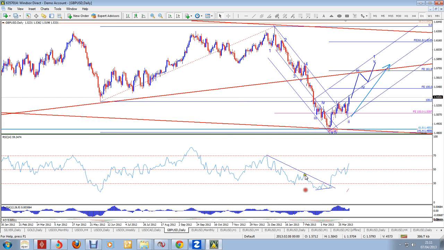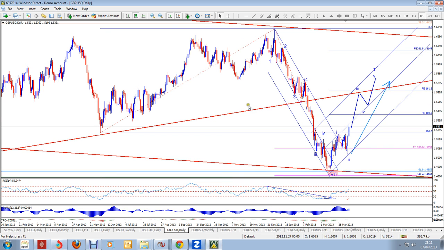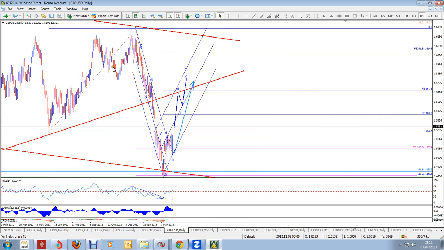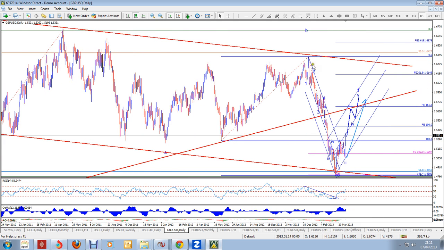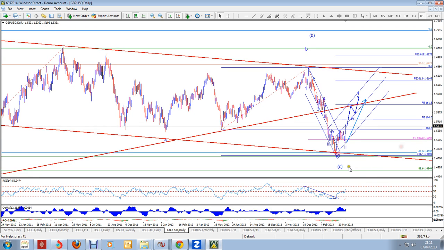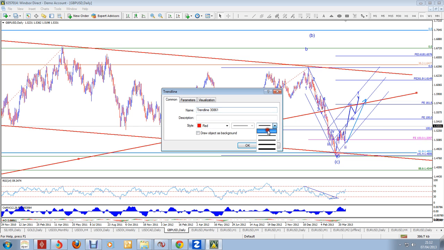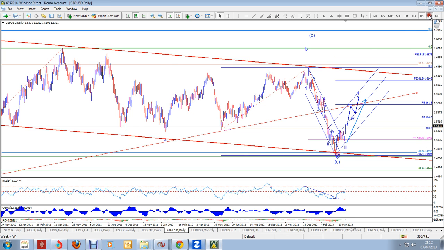So I think that's the reason why there is a divergence on this daily chart on a big time frame, and so this coming down is the final wave to complete this wave C, and now we should be looking for a strong move to the upside, really strong, almost to the point where it will do the following.